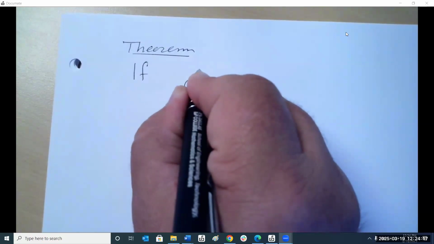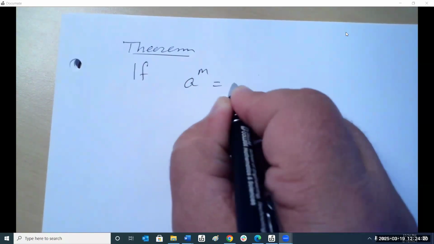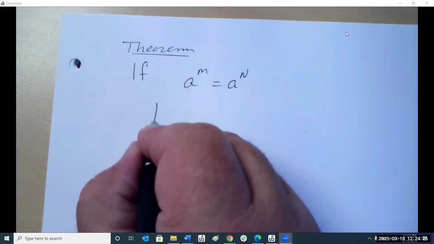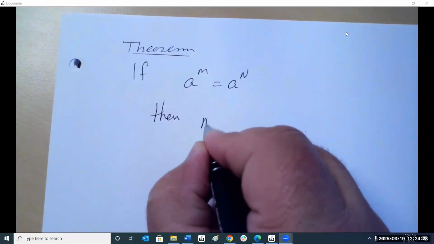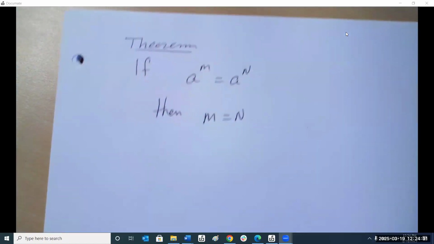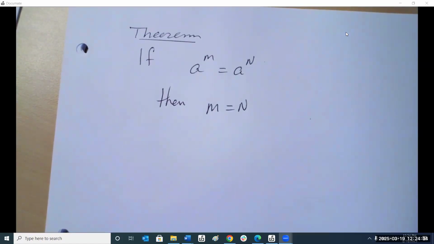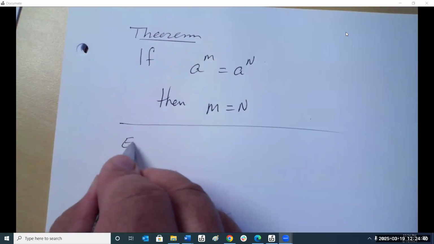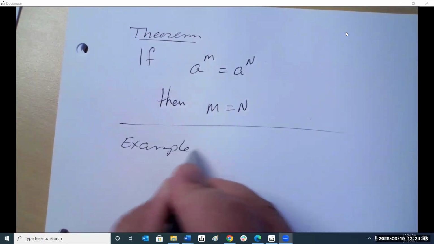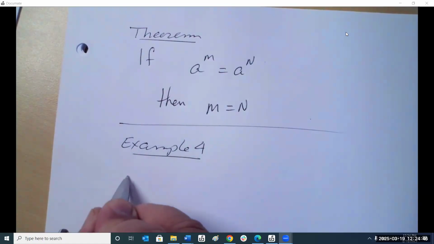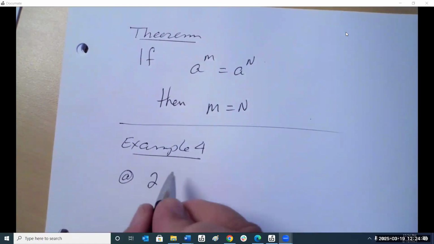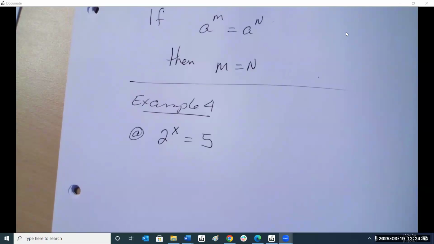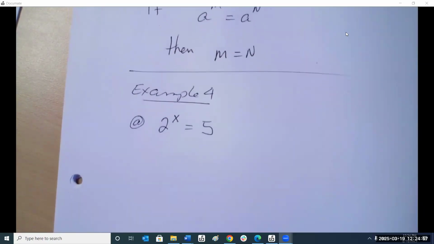If a to the m equals a to the n, if the bases are the same, then the only way they're equal is if the exponents are the same. Solve for x.